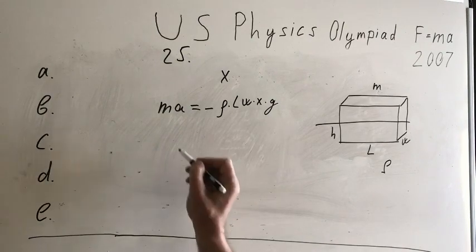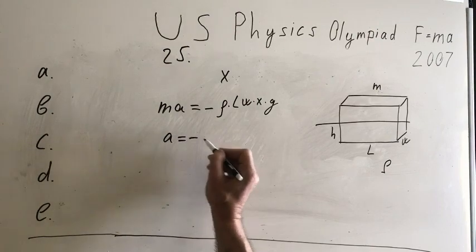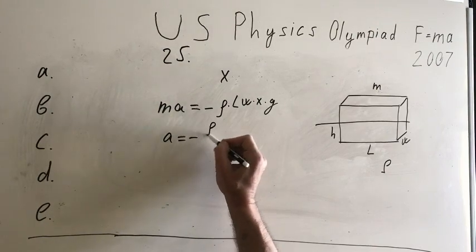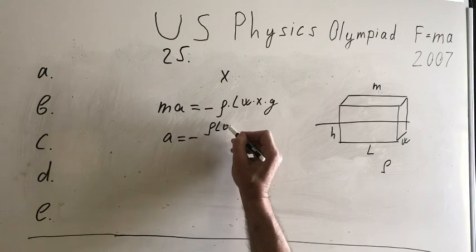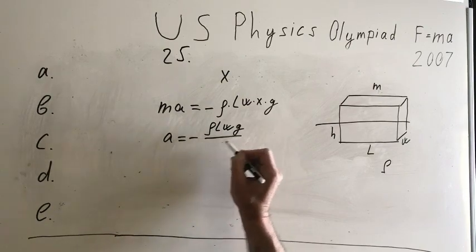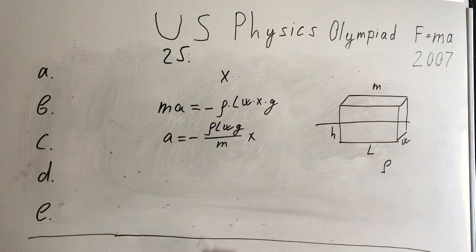We can rewrite it in the form a equals negative ρLWg over m times x.